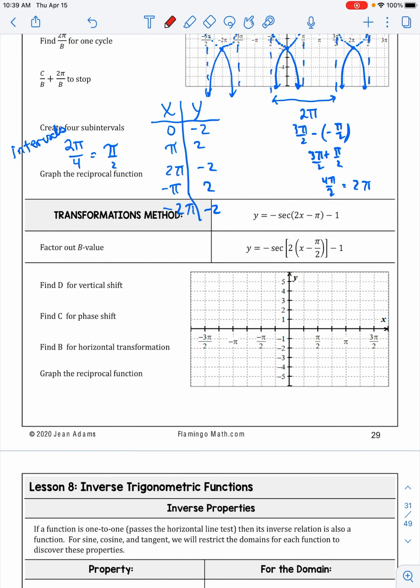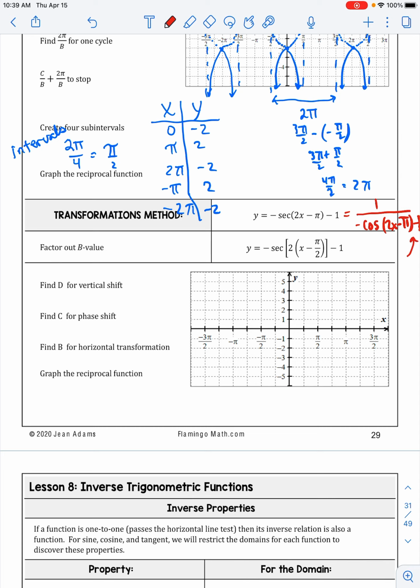This one, I'm going to do it in red. Remember that this is equivalent to the reciprocal, 1 over negative cosine of 2x minus pi, and then minus 1. Kind of ran out there.